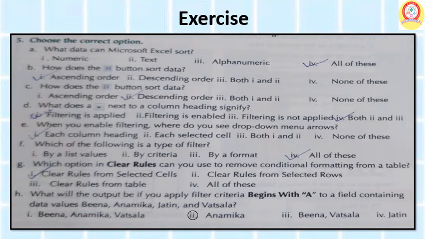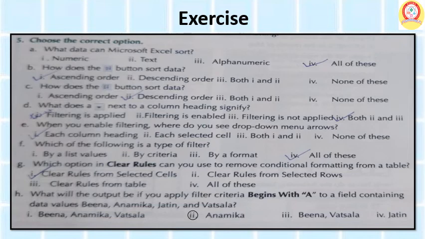Where do you see the drop-down menu arrow? 1 each column heading, 2 each selected cell, 3 both 1 and 2, 4 none of these. So it's 1, each column heading. F. Which of the following is a type of filter? 1 by a list value, 2 by criteria, 3 by a format, 4 all of these. So it's all of these.